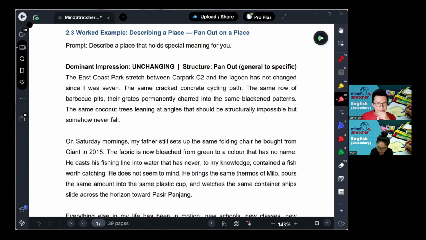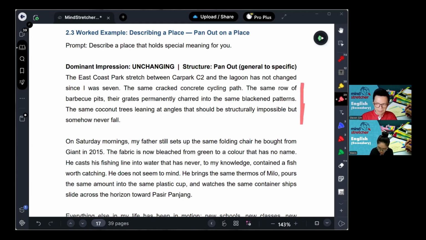So for example, if you're describing a place, because sometimes they ask you to describe an object that has great significance to you, my pen, my handphone, my laptop, or a place or a person. Then you say, the East Coast Park has not changed. The same row of barbecue pits, the same coconut tree.